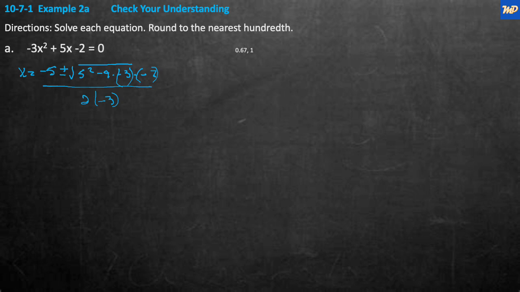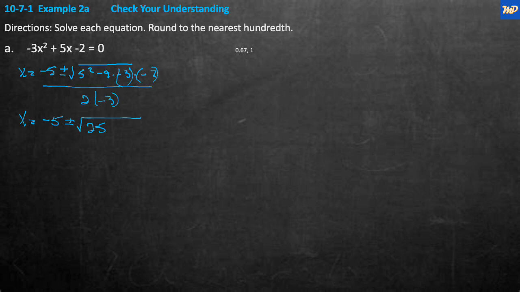So let's move on to the next. x is equal to minus 5 plus or minus the square root of 25, and this is minus times minus times minus. It's a negative. And it's negative 4, 12, 24.